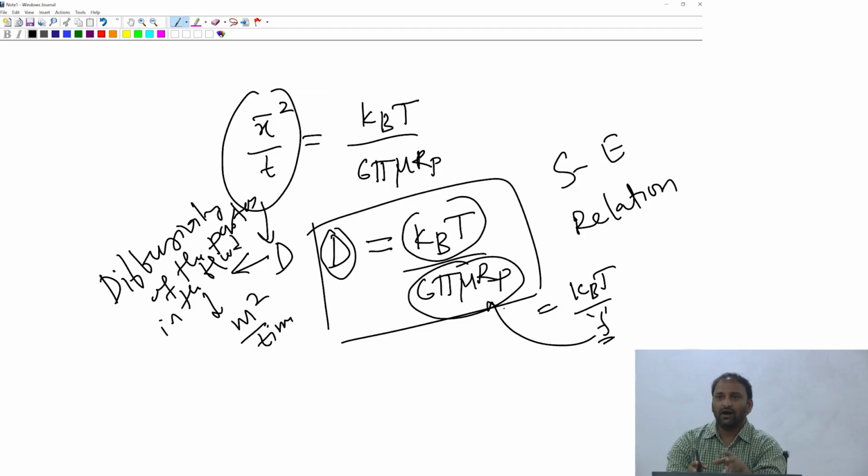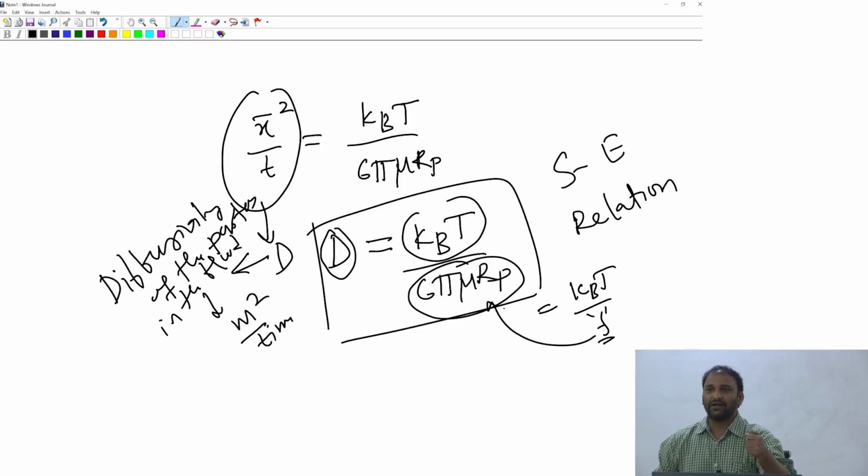If you take particles which could be rough, for example, if the particle is set into rotation because of this bombardment, in such cases you would have to account for those effects.